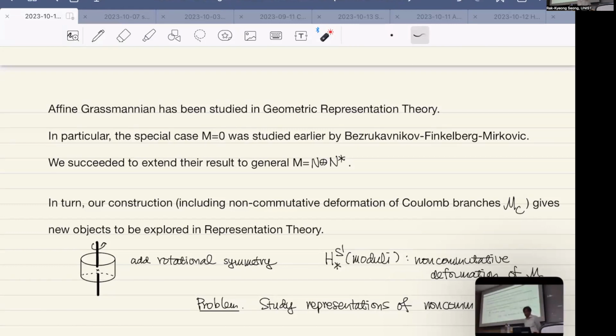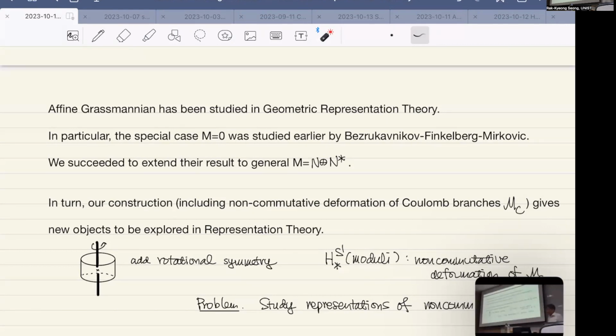So you can produce many examples of symplectic singularities in this way, and also my interest is in representation theory. So I think it is a very interesting problem to consider the representation theory of this non-commutative deformation.